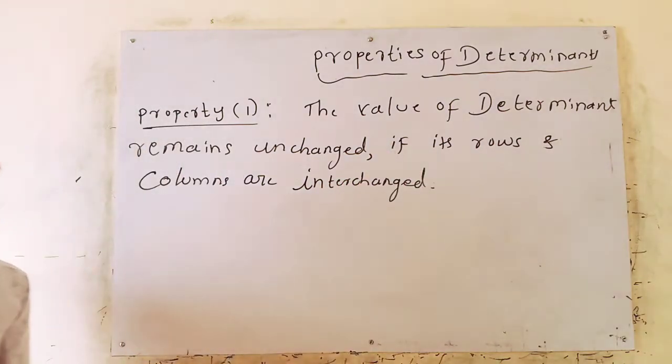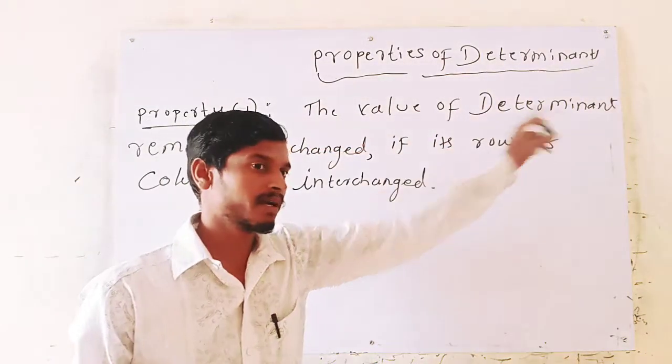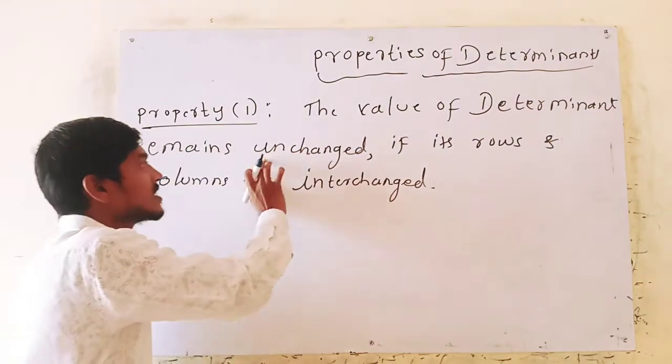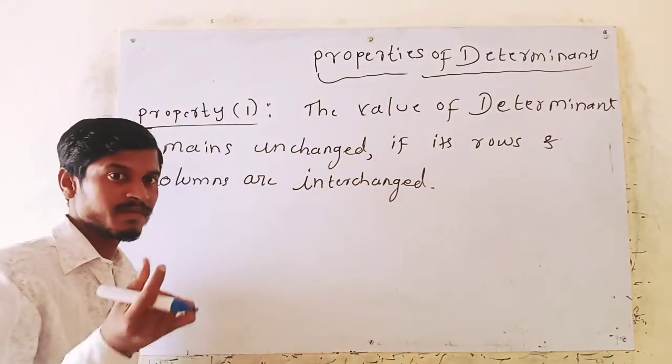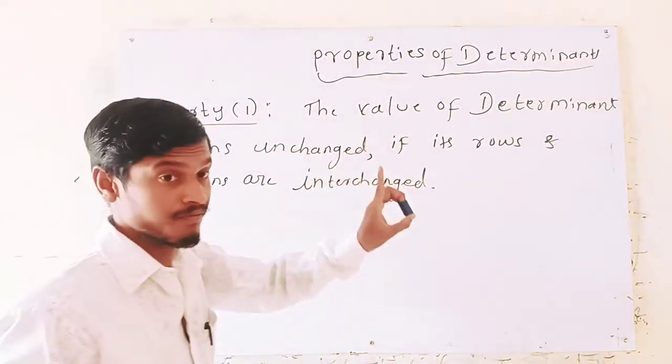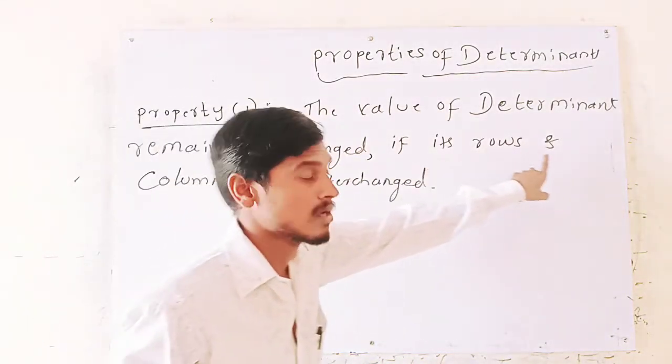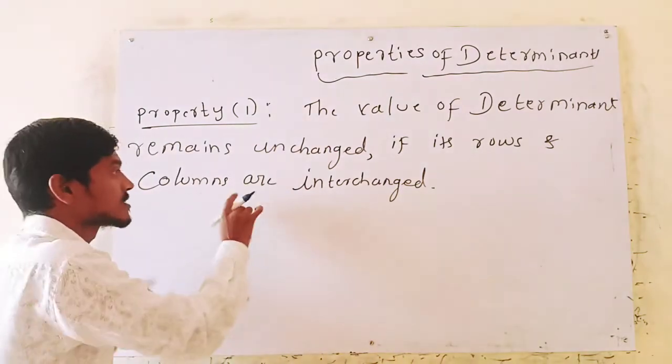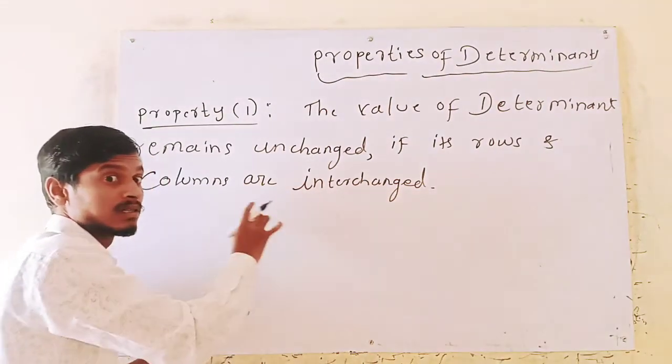Remember the first property. It says that the value of the determinant remains unchanged, meaning the value cannot change when its rows and columns are interchanged. What is the meaning of this?